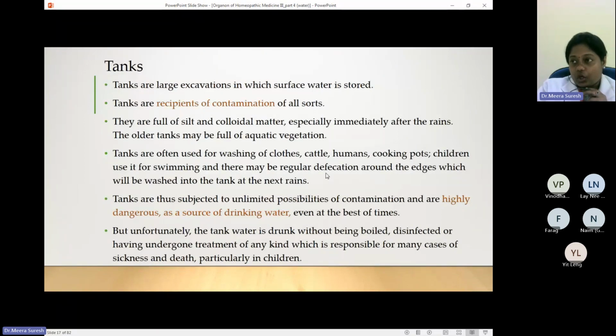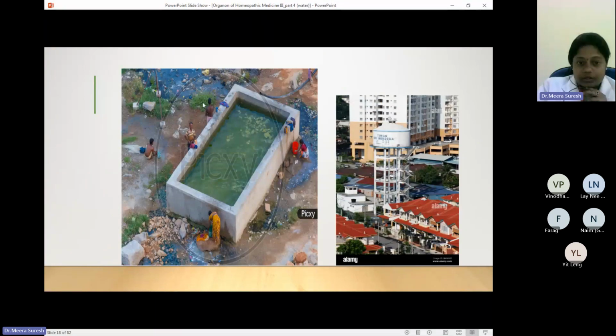And this regular defecation is not by the humans, luckily, probably by certain birds. So they may be sitting on that corner area over here to drink some water, and then they may be defecating, and when the rain falls, there is a probability that the fecal matter may be going towards this water.